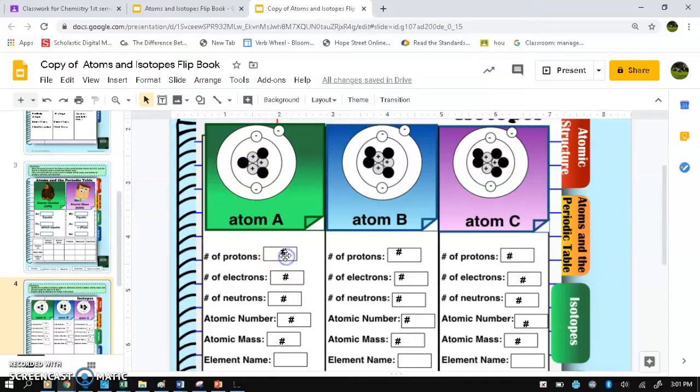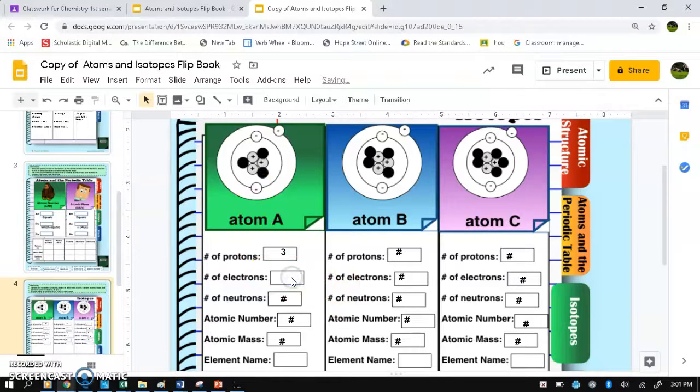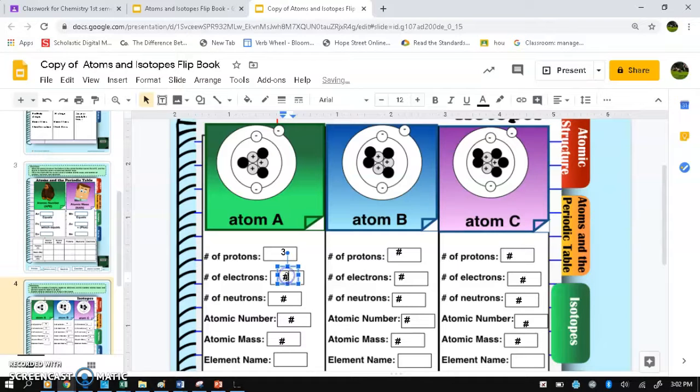So this one we have 3 protons. In this case we have 1, 2, 3 electrons. Now I want to stress once again that the electrons do change, but for all intents and purposes, we're not really concerned about electrons.